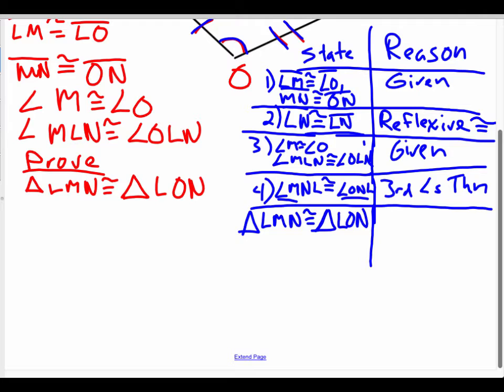And some textbooks will say, because the corresponding parts are congruent, it's the congruent triangles because the corresponding parts are congruent. But your textbook just says definition of congruent triangles. Okay? And that's our last example.